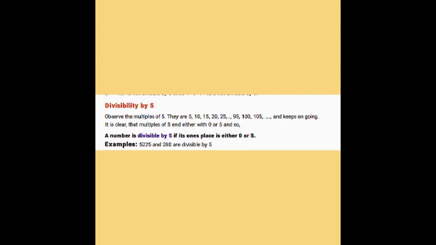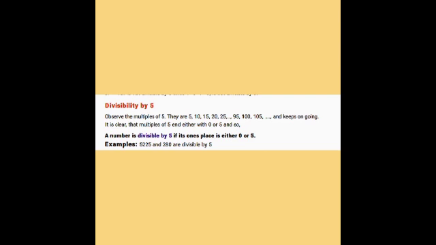So the numbers which end with 0 or 5 are divisible by 5. Therefore, the rule for test of divisibility by 5 is: a number is divisible by 5 if its ones place is either 0 or 5.